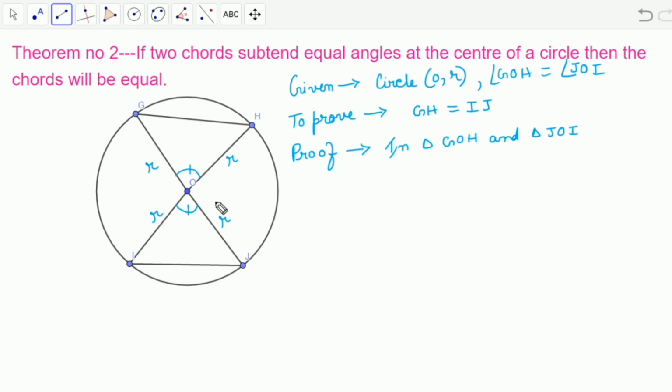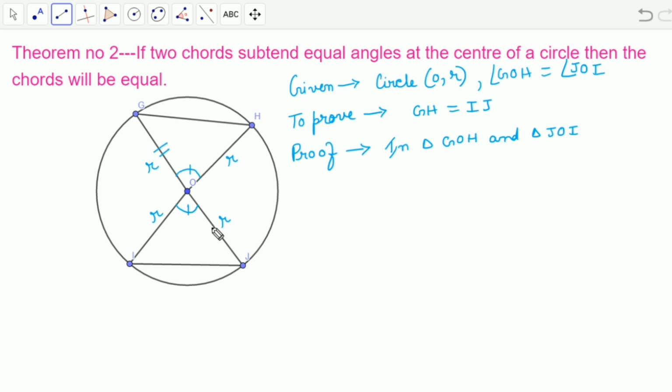Because it fulfills the definition of radius. To remind you again, a line segment joining the center of the circle to a point on the circle is the radius, right? So I, J, H and G were the points on the circle, and that's why if we join them to the point O, they become radii.